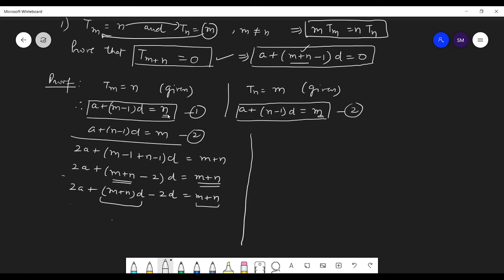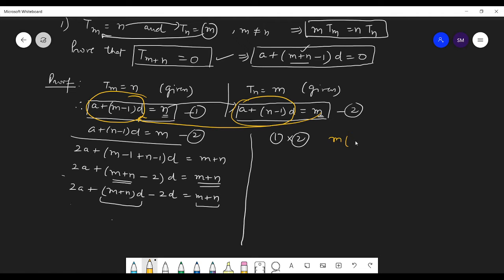You multiply both equations, and that way you get the answer.